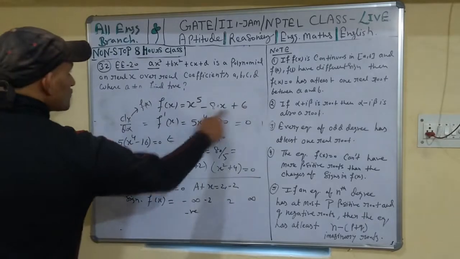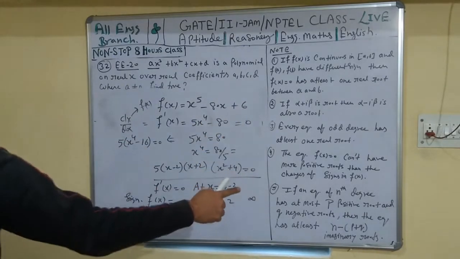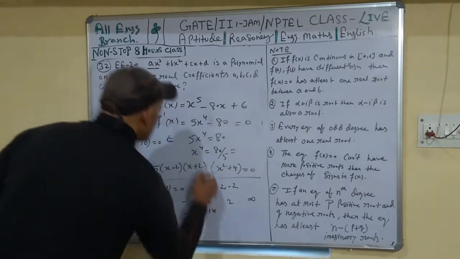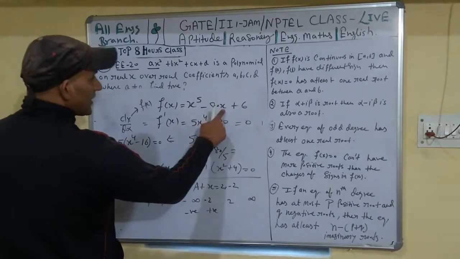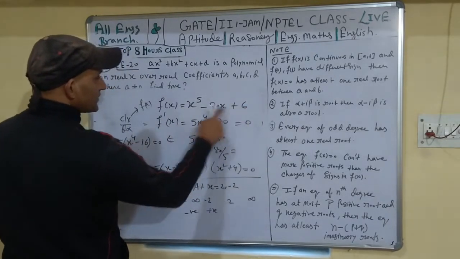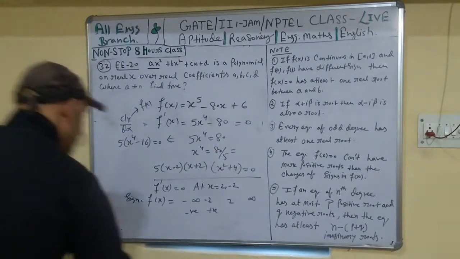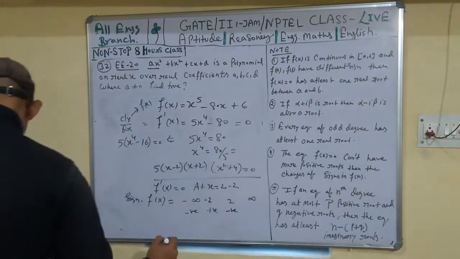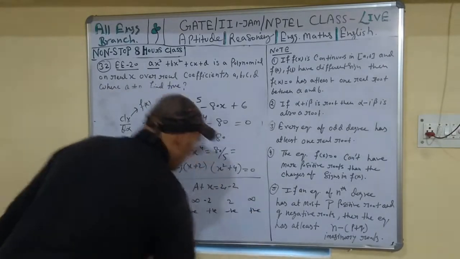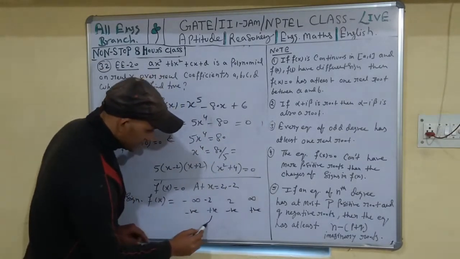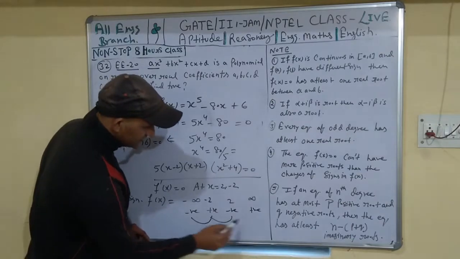If you put minus 2, then again you will get positive. You can put minus 2, and here minus 2 and here plus 6. So this is positive and negative, and overall positive. Then after that this is negative, and this is positive.